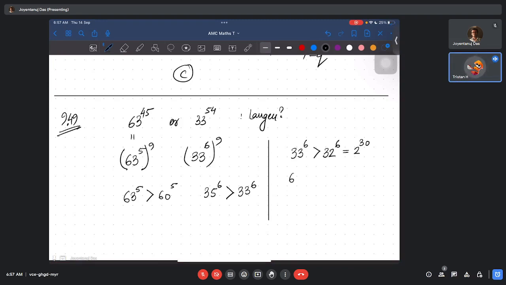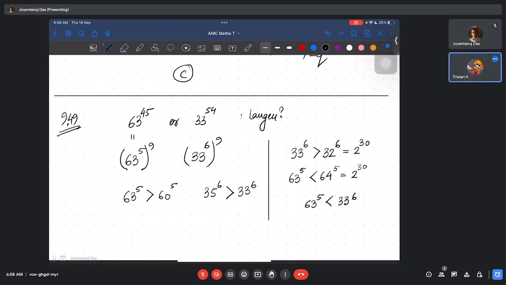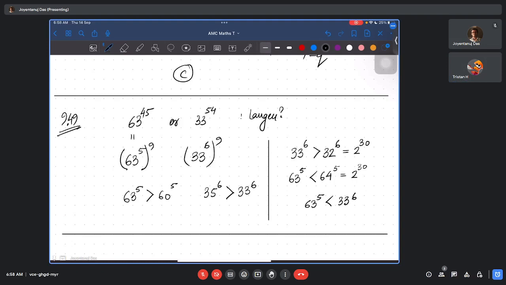And then 63 is less than 64, so it is 64 power 5. So 64 power 5 is 2 power 30 again, right? So I get that 63 power 5 is less than 33 power 6. And now the 9 thing you have already done, right? So fine.